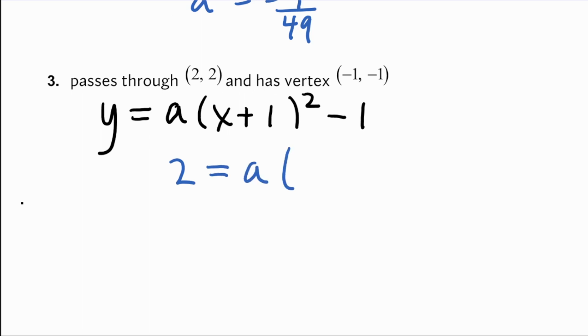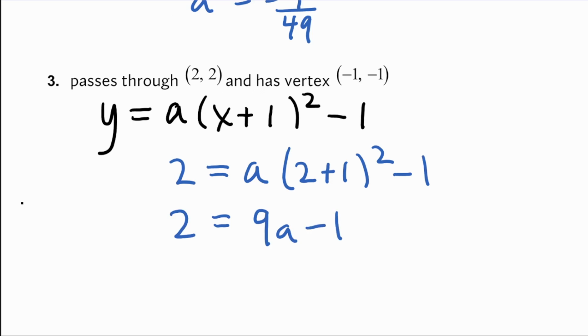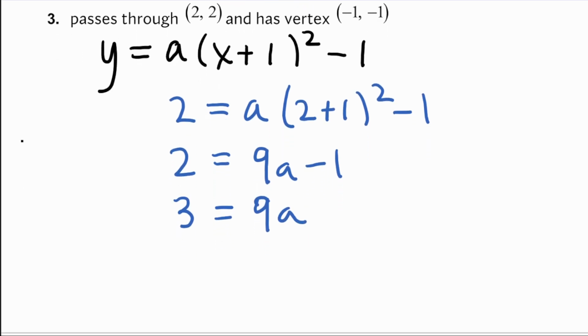That'll be equal to a times 2 plus 1 squared minus 1. So I've got 2 is equal to 9a minus 1. Add 1 to both sides. Divide both sides by 9. I get 3/9, which is 1/3. Then I can go back up and write that in there. And I've got myself a vertex form equation.